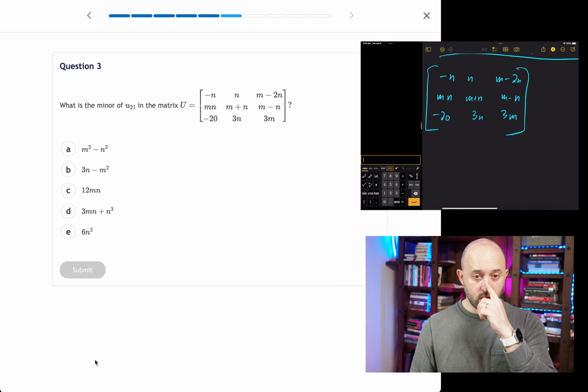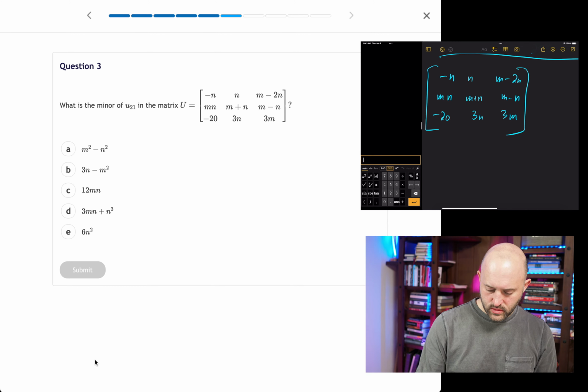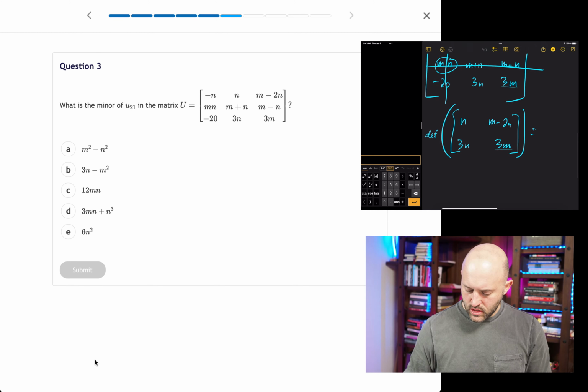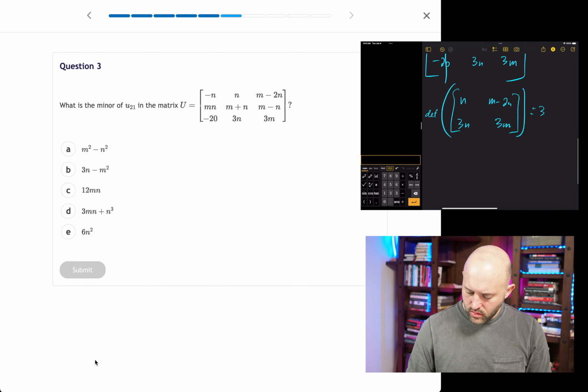Okay, we're looking for row 2, column 1. So this guy means that what we're left with is n, m minus 2n, 3n, 3m. And we're doing the determinant of this guy, which is 3mn minus 3n times m minus 2n.